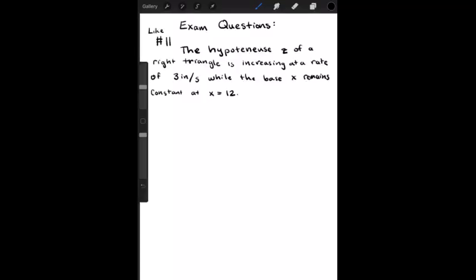Alright, so we have our setup sentence that the hypotenuse that the problem has named z of a right triangle is increasing at a rate of 3 inches per second, while the base of that same right triangle remains constant, and we've named that one x, and it stays constant at 12. And then the actual question.